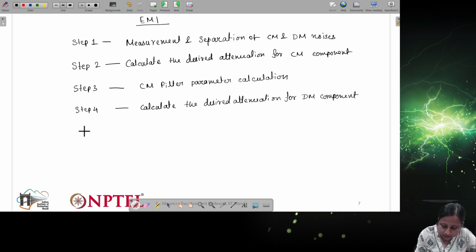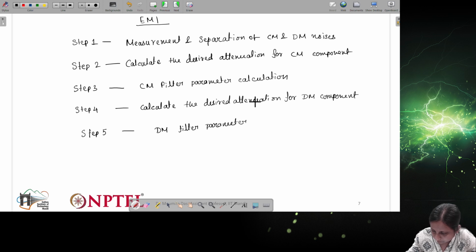Now step 5, similarly we have to see if it is within the limit or not. If it is not, then we have to design the DM filter, DM filter parameter calculation.